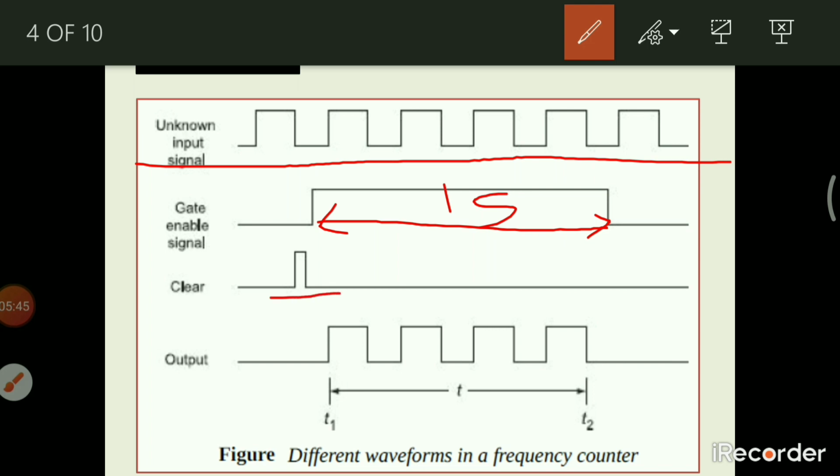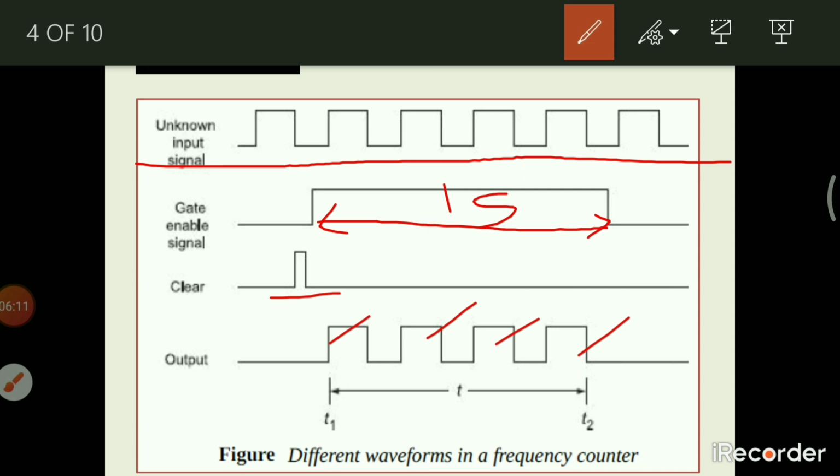So here is the clear pulse. At the clear pulse, the counter shows a 0 reading. So within 1 second, 4 pulses are produced.